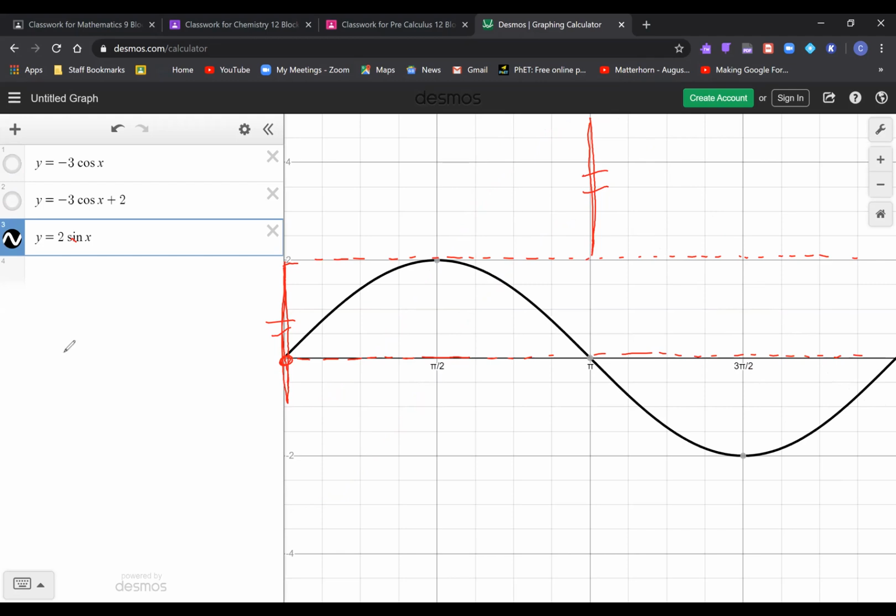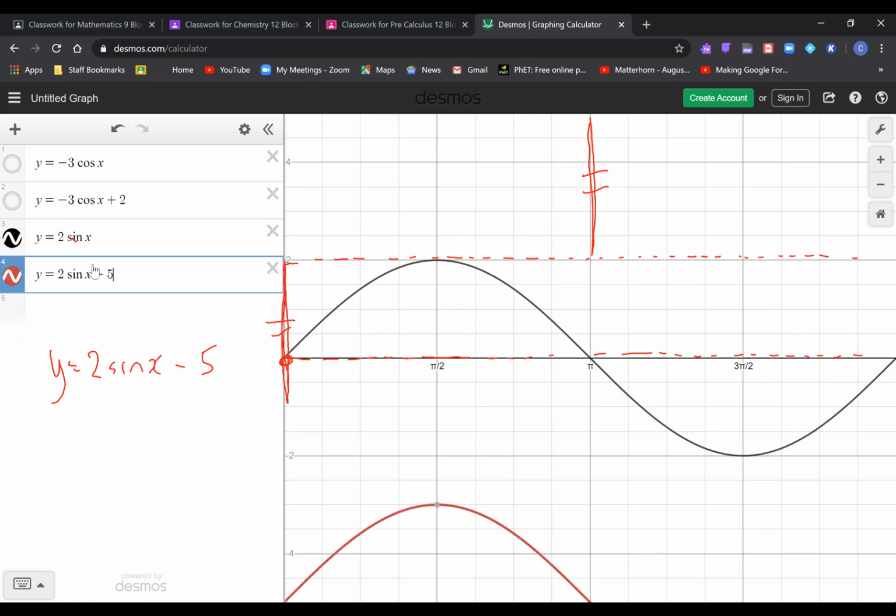I just don't want to type it in yet, but you're going to graph y equals 2 sine x minus 5. So where do you think the midline would be on that graph? Let's try that.